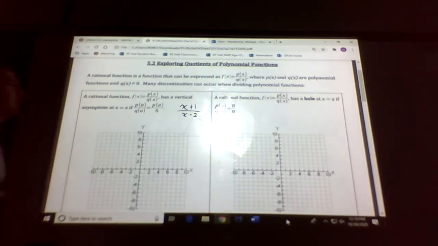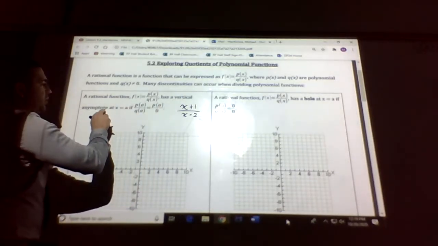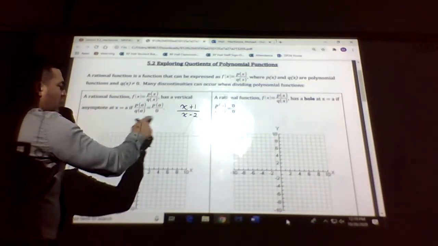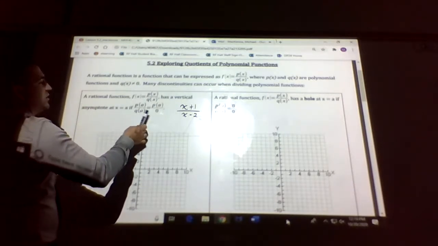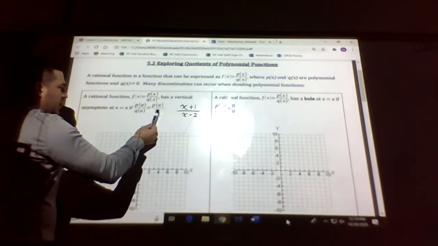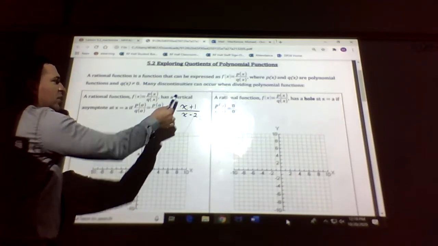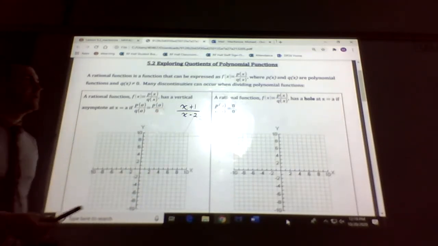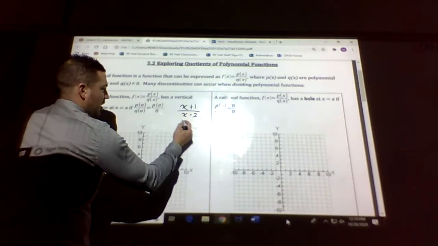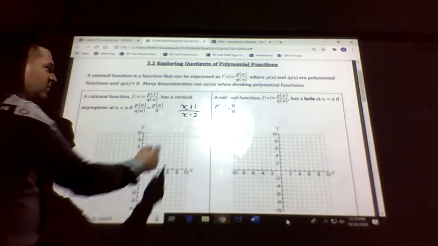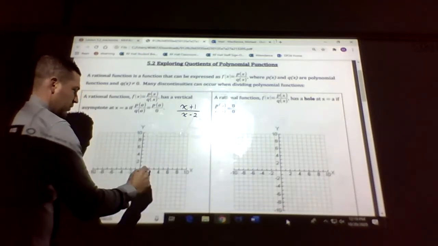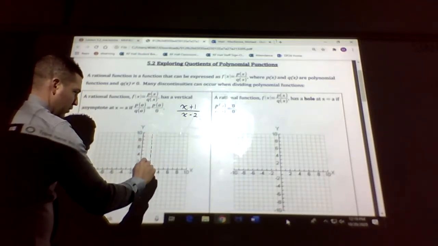We're going to have a vertical asymptote where our denominator is equal to 0. So if x equals a, in this case, if we make the denominator 0, we're going to have a vertical asymptote at that point. Anything that makes the denominator 0 will make a vertical asymptote. In this case, a vertical asymptote would happen at x equals 2. So we would have a vertical asymptote here.